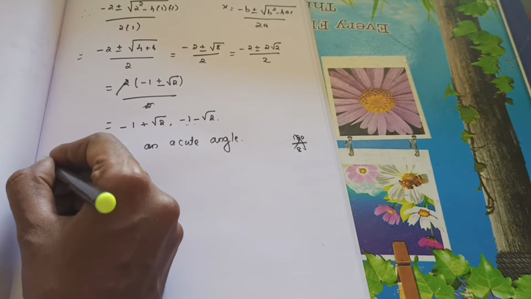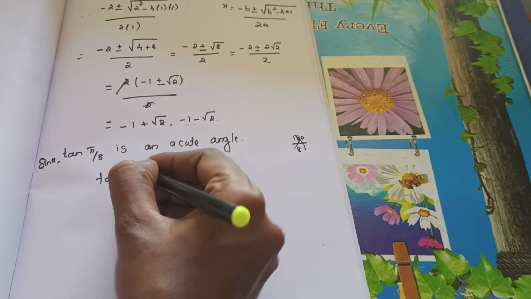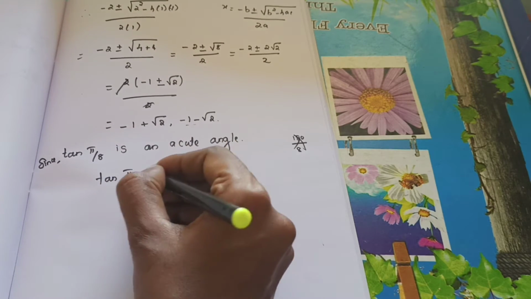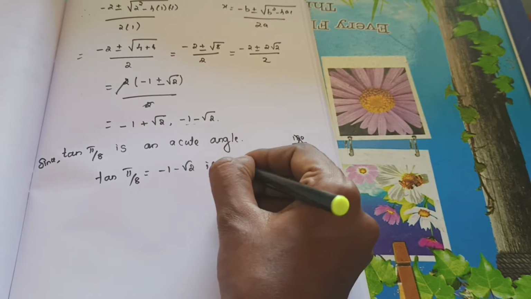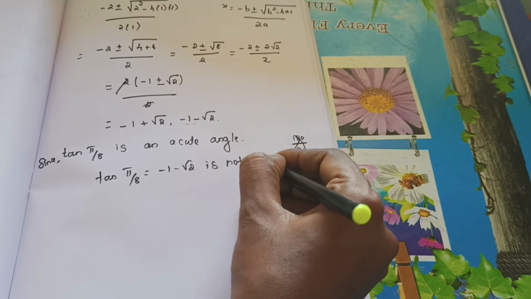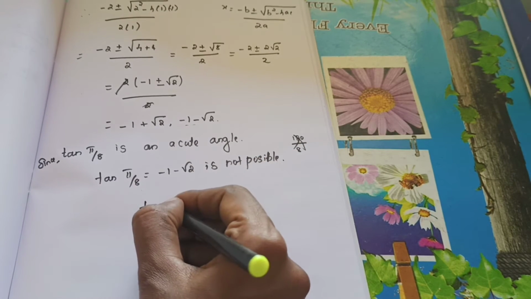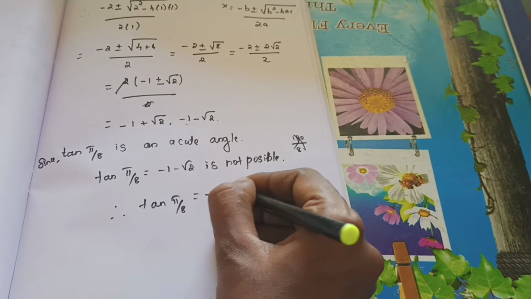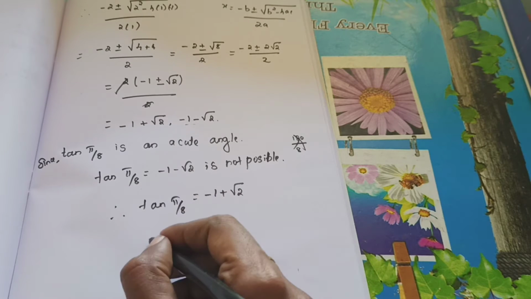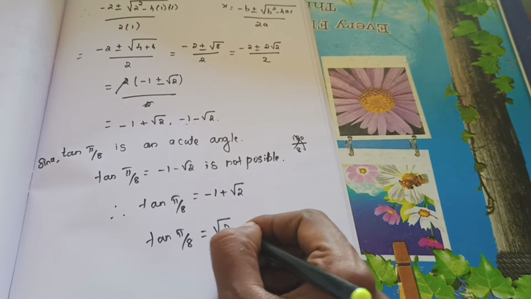Minus 1 minus root 2 is not possible. So what's the only value? Minus 1 plus root 2. We can write it as tan pi by 8 is equal to root 2 minus 1.